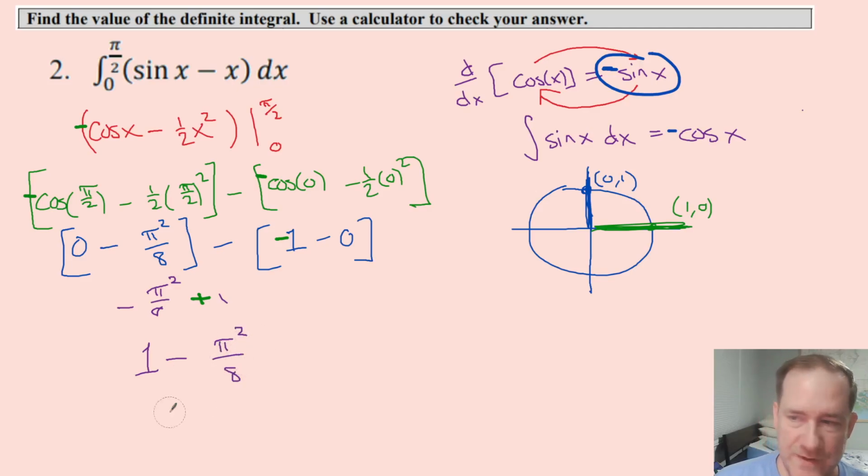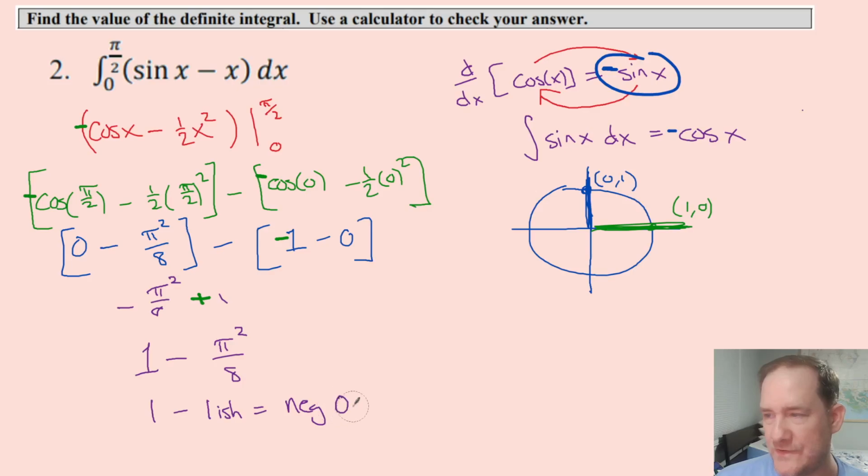Okay, so reevaluating this looks like a 1 minus, we said this was 9-ish divided by 8, so this is 1 minus 1-ish. So that's going to equal negative 0 point something.